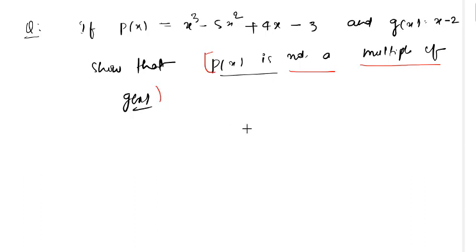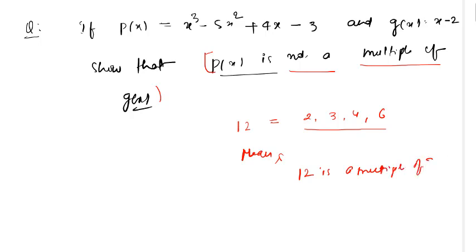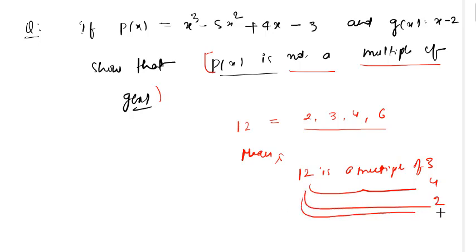Let us take, suppose we have 12. The factors are 2 times 6 is 12, 3 times 4 is 12, 4 times 3 is 12, 6 times 2 is 12. So these are the factors. It means 12 is a multiple of 3, 12 is a multiple of 4, 12 is a multiple of 2, 12 is a multiple of 6.